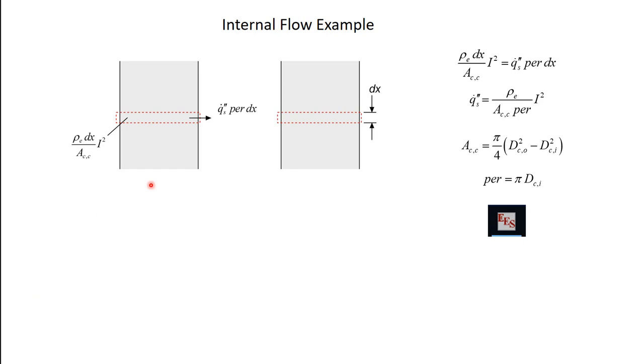So let's see what the first assumption tells me. If I am ignoring axial conduction along the current lead, then I take a control volume that includes a differential slice of this current lead in the X direction and do an energy balance: in equals out plus stored. Stored goes away because this is a steady state problem. There is no heat transfer through this surface or this surface if I'm ignoring axial conduction.